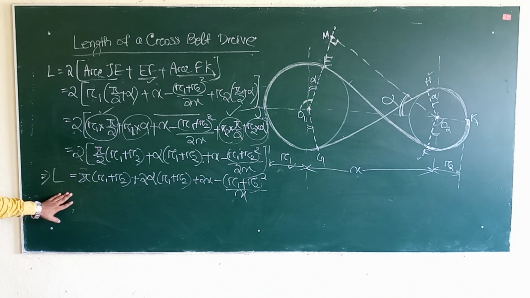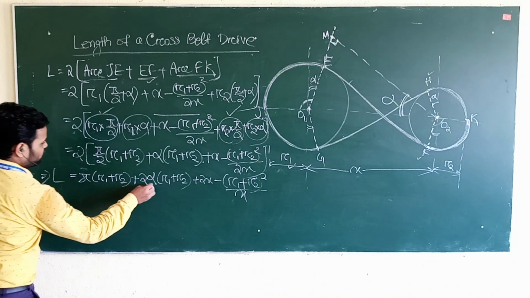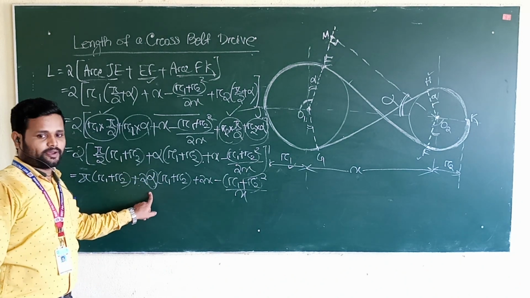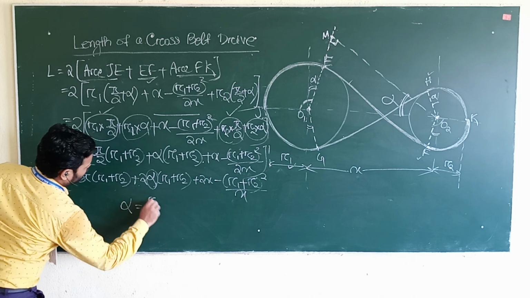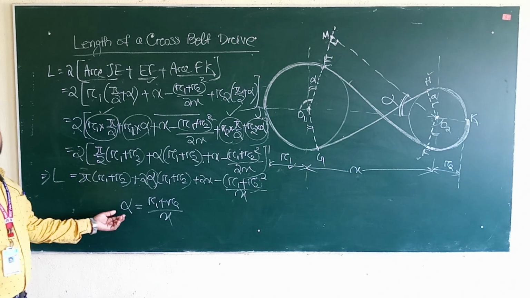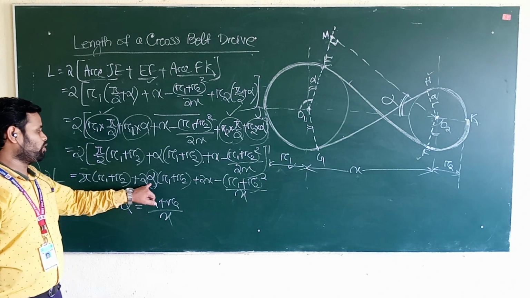So this will become. After that, you will see there is a term alpha here. So now we will put the value of alpha. We know that the value of alpha equal to (r1 plus r2) divided by x. Now put this value of alpha in the above expression.